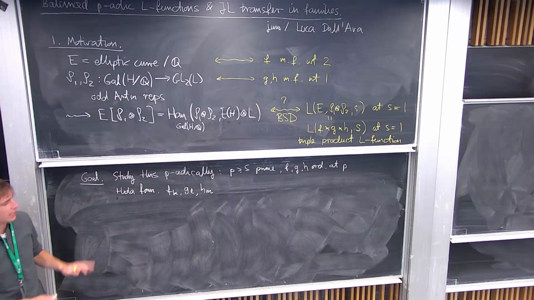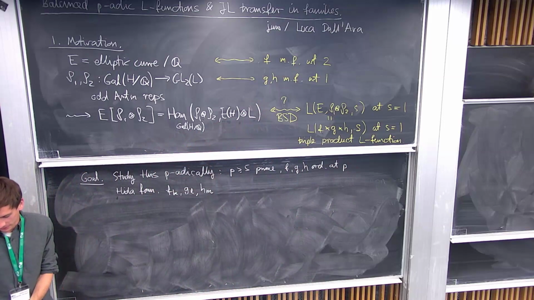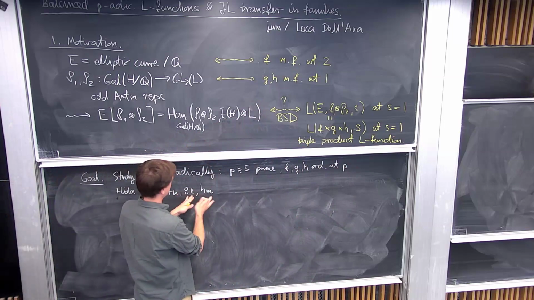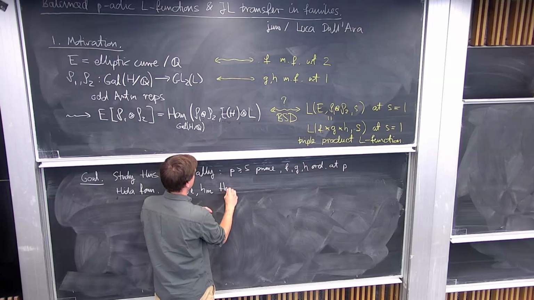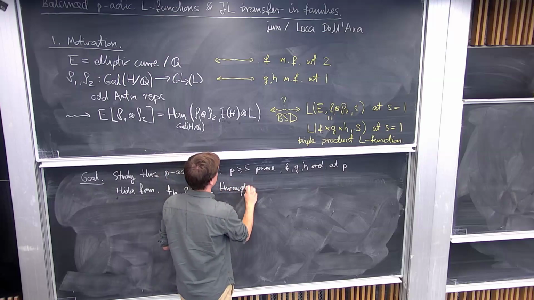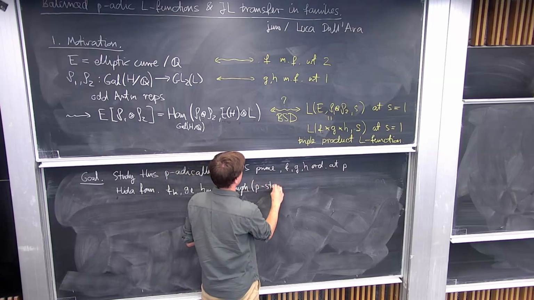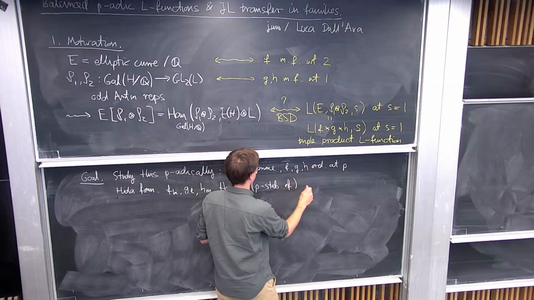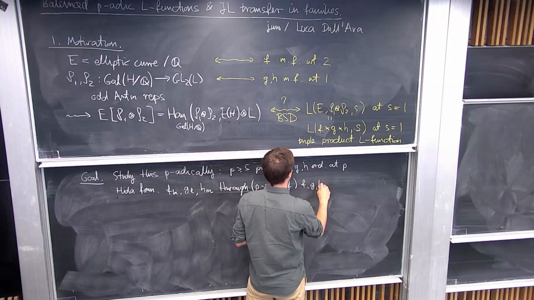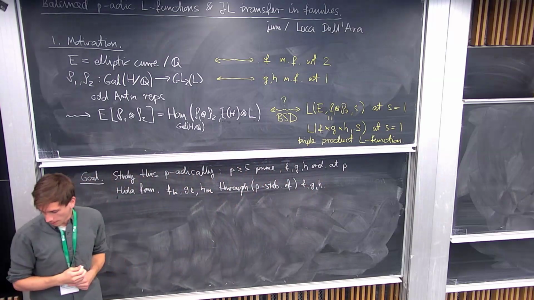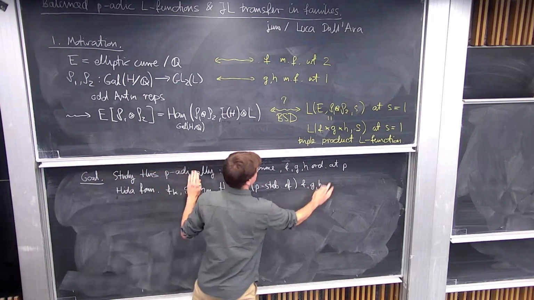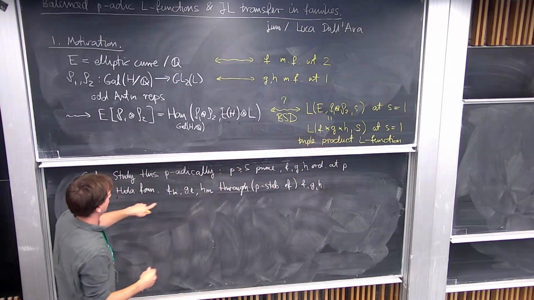Okay, I'm picking p-stabilizations along the way. So we deformed this in p-adic families. So these are families through p-stabilizations of f, g, h. Okay. And instead of just considering this L-value, we'll consider the central L-value for these families.